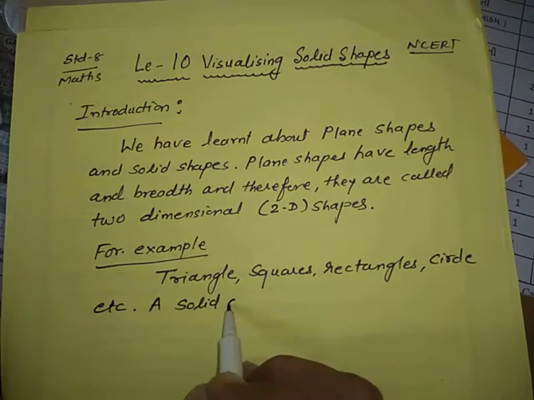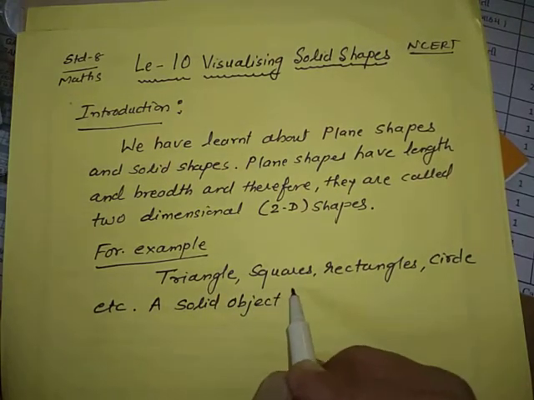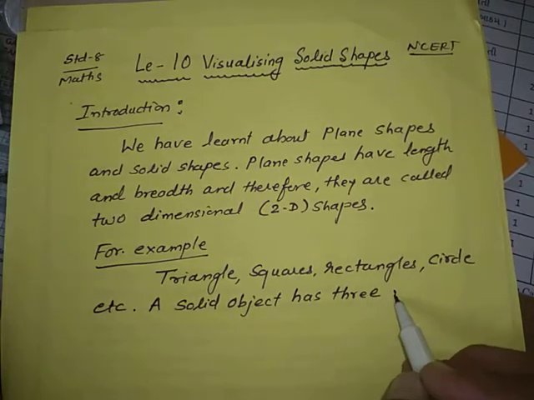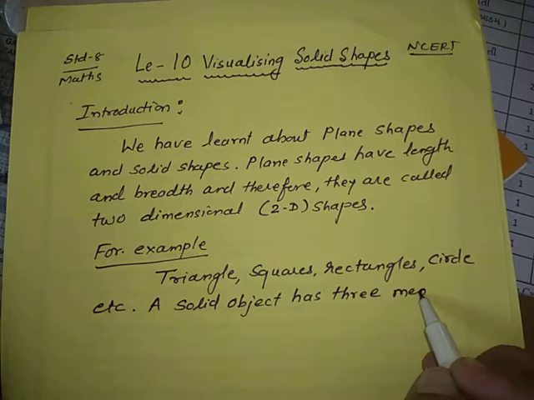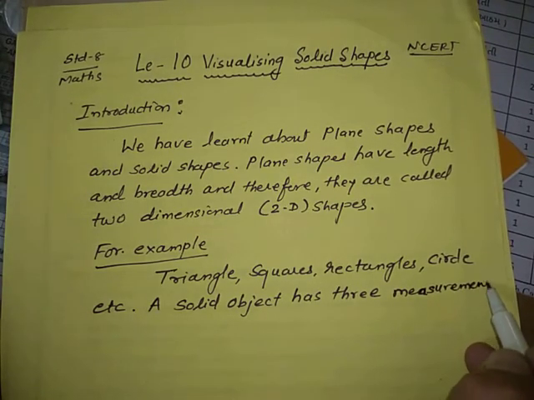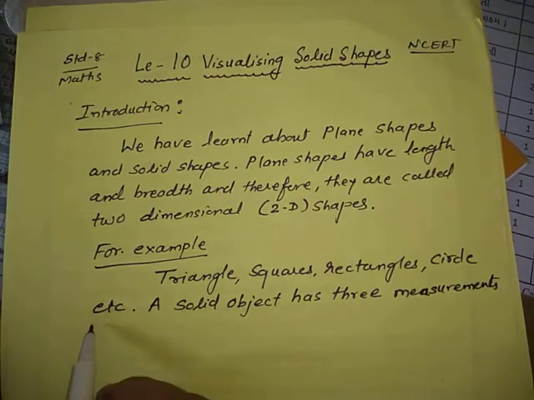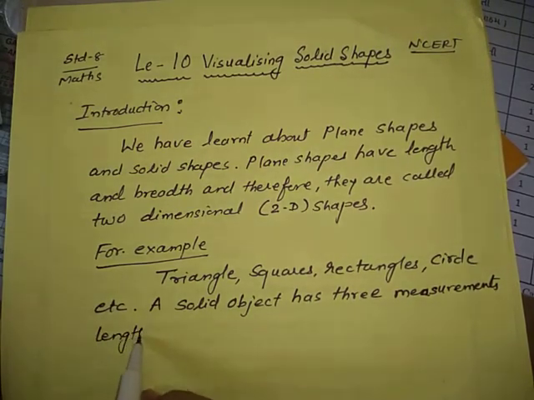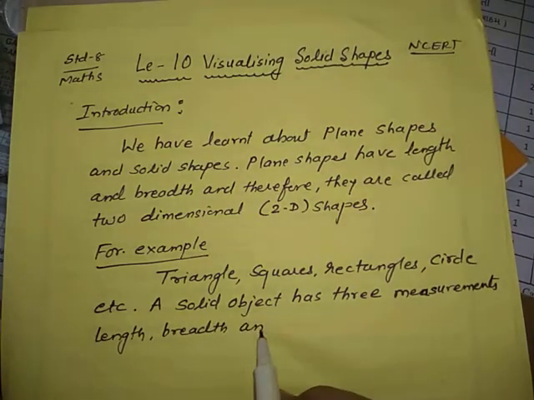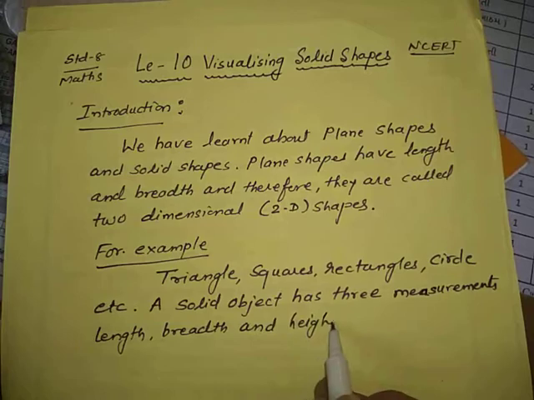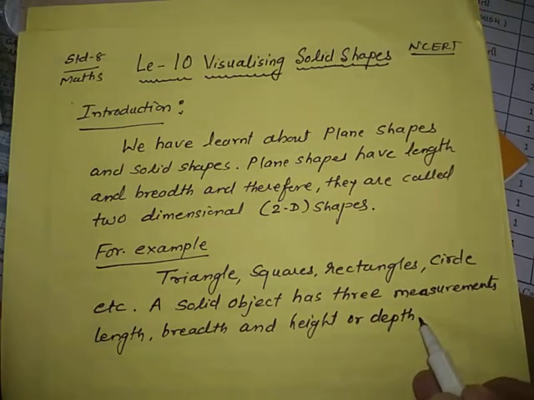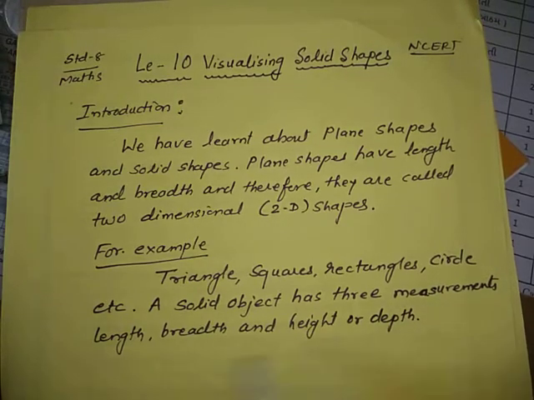Solid shapes or objects have three measurements. Three measurements means length, breadth and height. Okay, or depth also we can say if it is dug out.